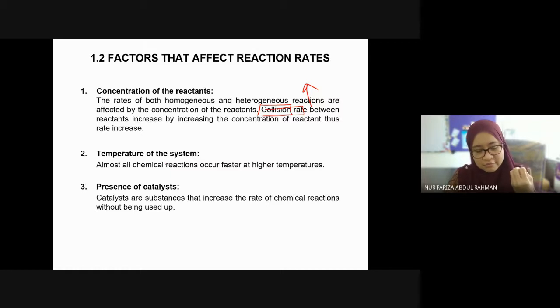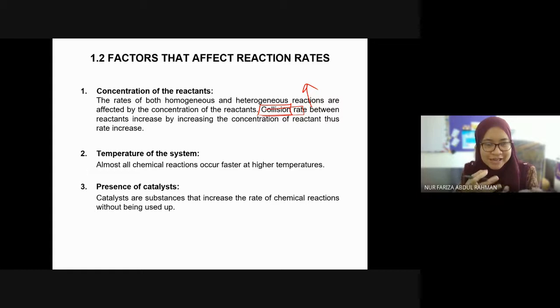But how do we increase the temperature? Normally by heating the system. When we heat the system, what we are actually doing is adding energy to the system, so the reaction gains extra energy from outside.